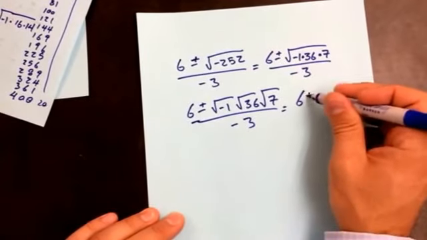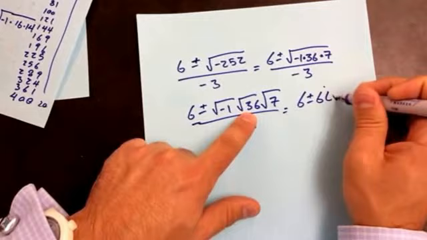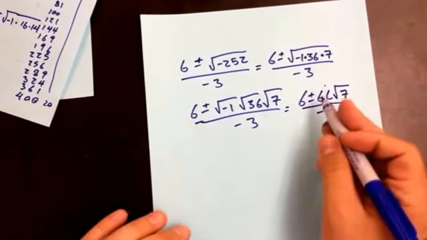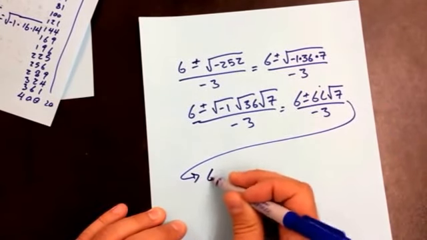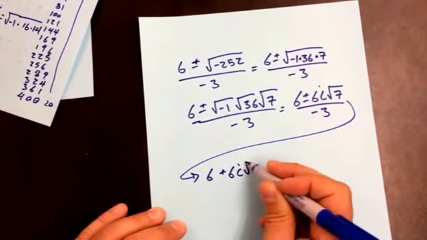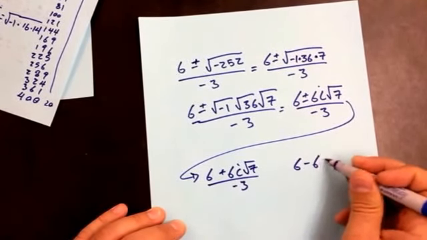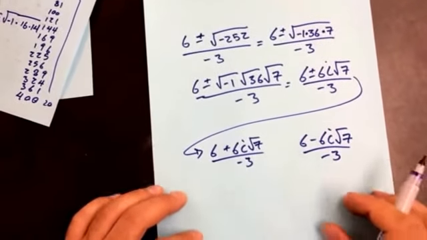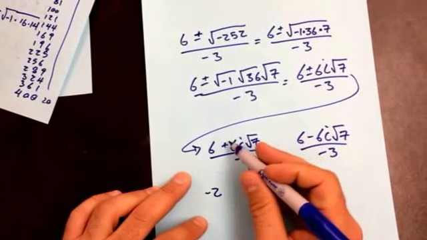which is going to be 6 plus or minus, this gives me i, this gives me 6, square root of 7 over negative 3. Now remember, this is 6 plus 6i square root of 7 over negative 3, and 6 minus 6i square root of 7 over negative 3. So I'm going to break these apart. 6 divided by negative 3 is negative 2.